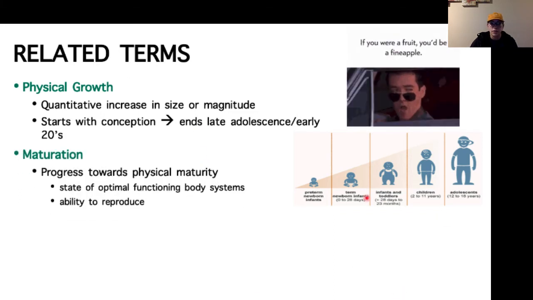Maturation or physiological maturation is another term that will pop up throughout this semester. This is specifically referring to someone's progress towards physical maturity. When we talk about maturity, we're referencing optimal functioning of body systems and more specifically the ability to reproduce. So maturation usually reaches its peak once a person has the ability to reproduce.